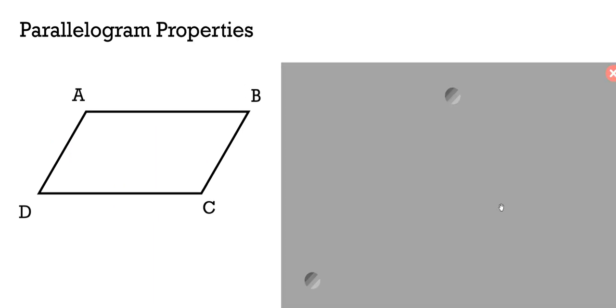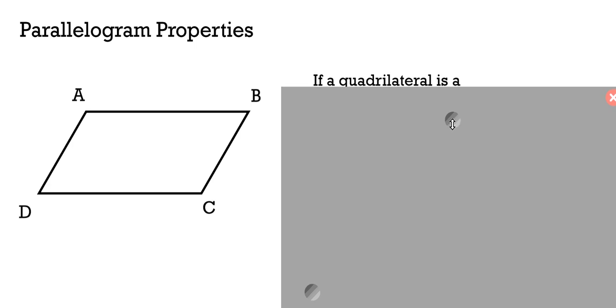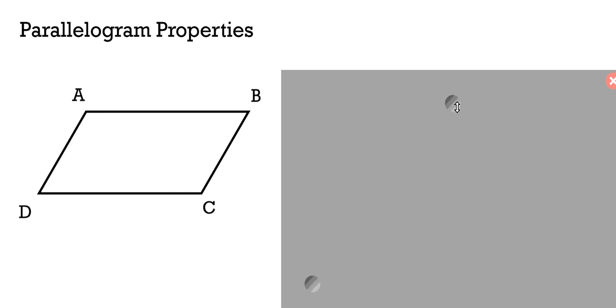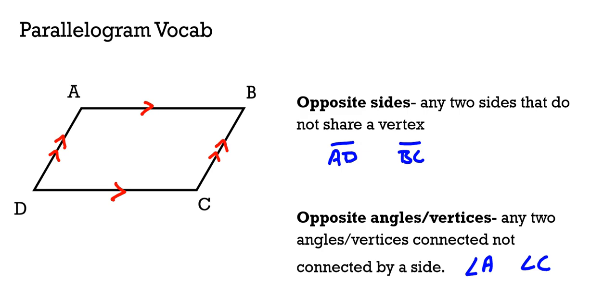There is, however, a diagonal. Again, we had that from the previous lecture. I'm kind of talking about the previous slide. Opposite angles are connected by diagonals. Consecutive angles are connected by sides.